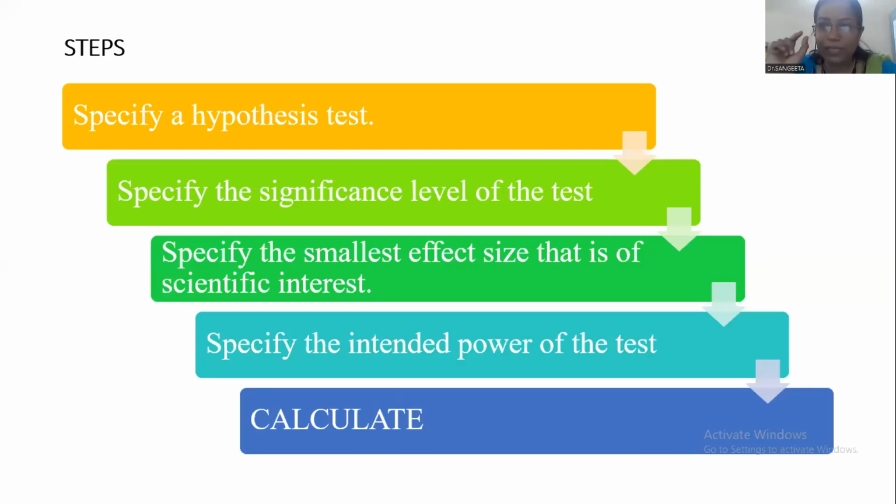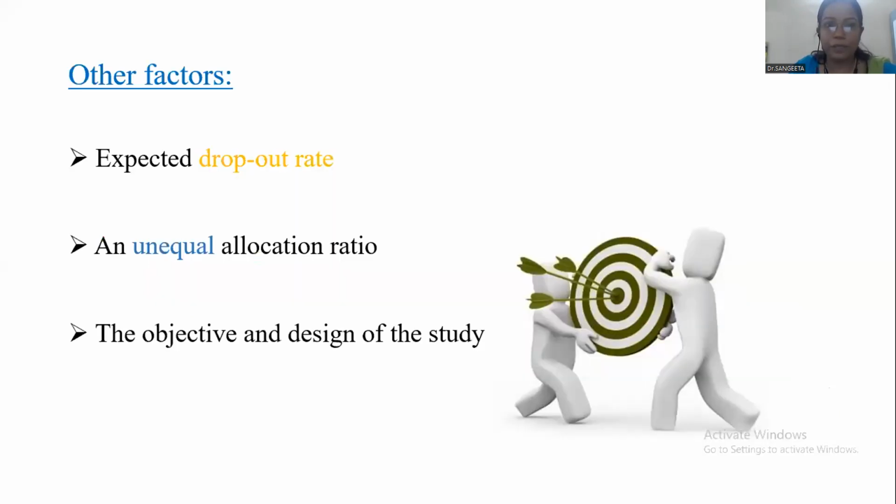Next, the effect size, the intended power of the test, and ultimately know the test that you need to apply to calculate the sample size. Okay. In this presentation, I'll give you a demonstration of the G Power software, which is used very commonly these days to calculate sample size. So moving ahead with the first one.